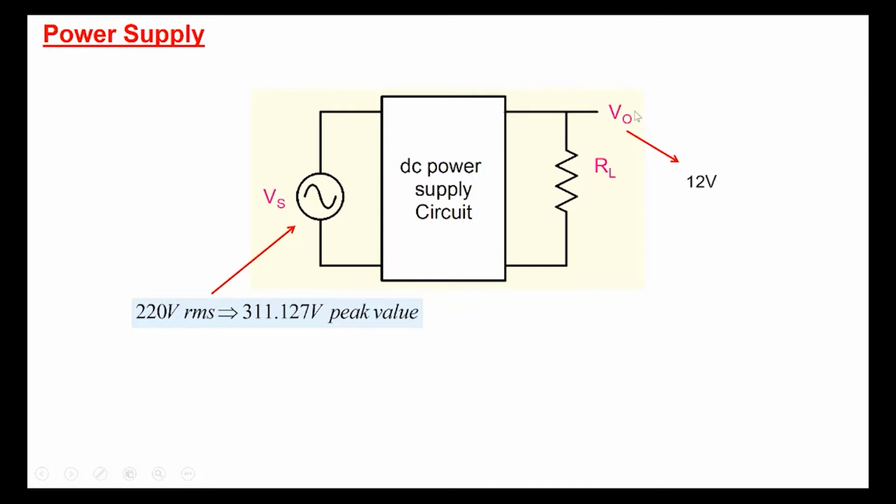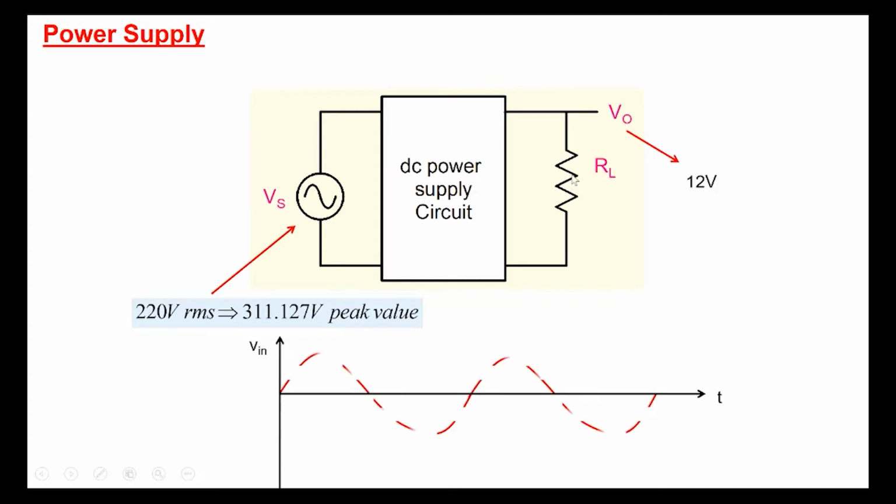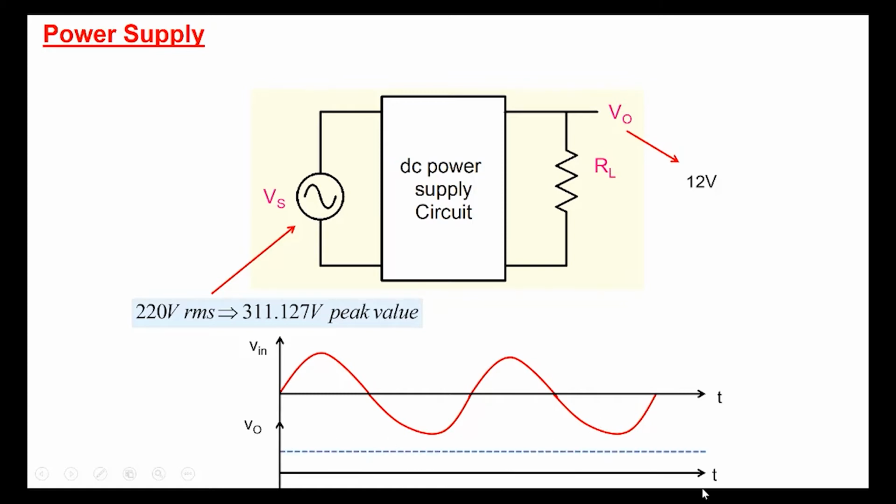For some other application it could be 5 volts or 6 volts, depending on what we have connected over here. So a load resistor is connected here, and what we are looking for is this: the input is a sinusoid, and we want a DC voltage which is constant with respect to time. So that's what we are looking for.